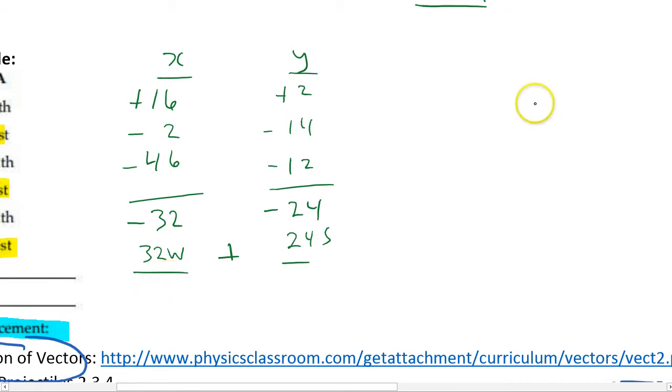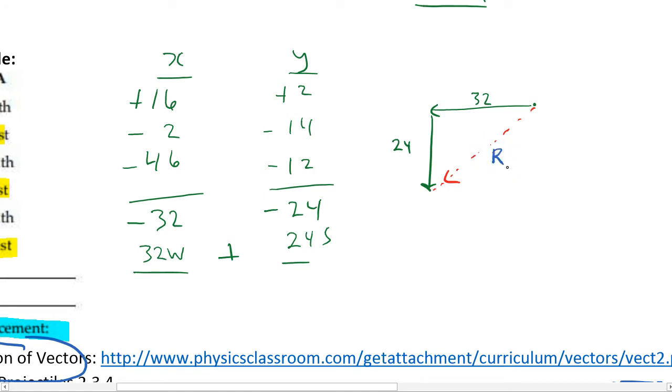Okay, so here we go. We'll start from here. We'll go the west direction first. So that's 32 west. And then we're going to do 24 south. So there's my 24. So my resultant would be going like that. There's my resultant. So that's my overall displacement. So this will be my resultant.